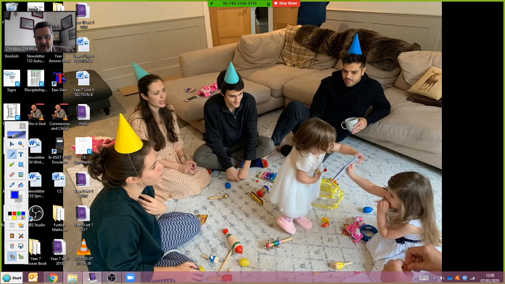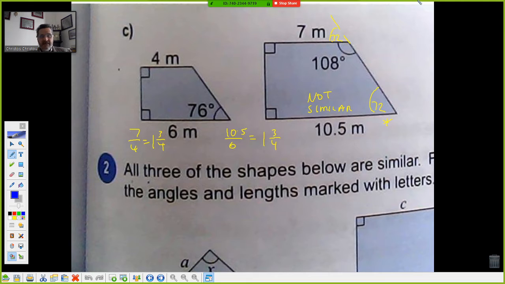Let me just enlarge it. That's even better. So if that is 108, the exterior angle is 72, so that is 72, which does not match that 76. So whilst in terms of enlargement of the sides there is agreement, the angles don't agree, and the angles must be the same.